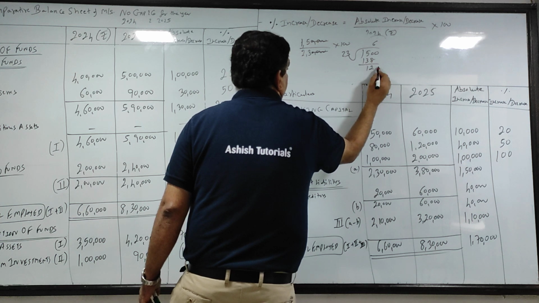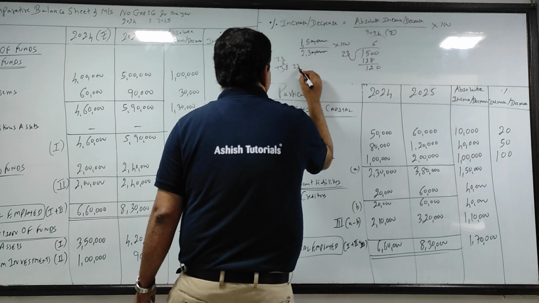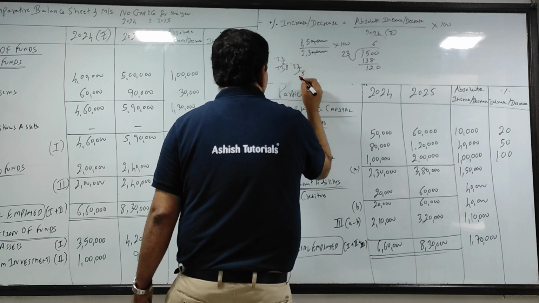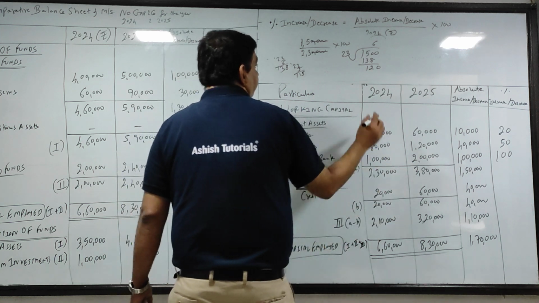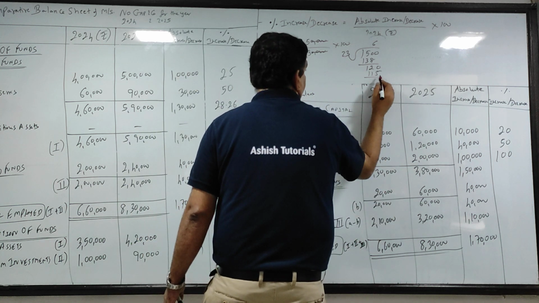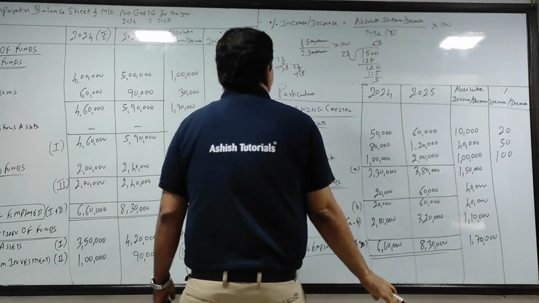138, take 20 here, I bring down 0, 6 3s are 18, so 138, 8 is 128, 5 3s are 15, 5 2s are 10, 115, so I get here 5, this is 5.